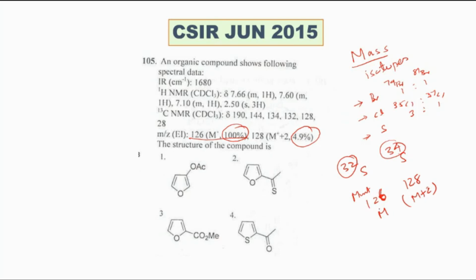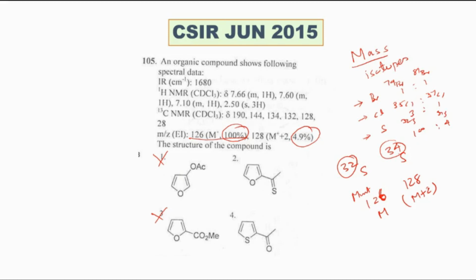This M plus 2 can be chlorine with 35 and 37, bromine with 79 and 81, and sulfur, where you have sulfur 32 and sulfur 34, and the proportion is 100:4. So this could confirm the presence of sulfur. So I can rule out options 1 and 3 straight away, because there is no isotope in 1 and 3, no sulfur. Always, the data given with a molecule will try to help you.